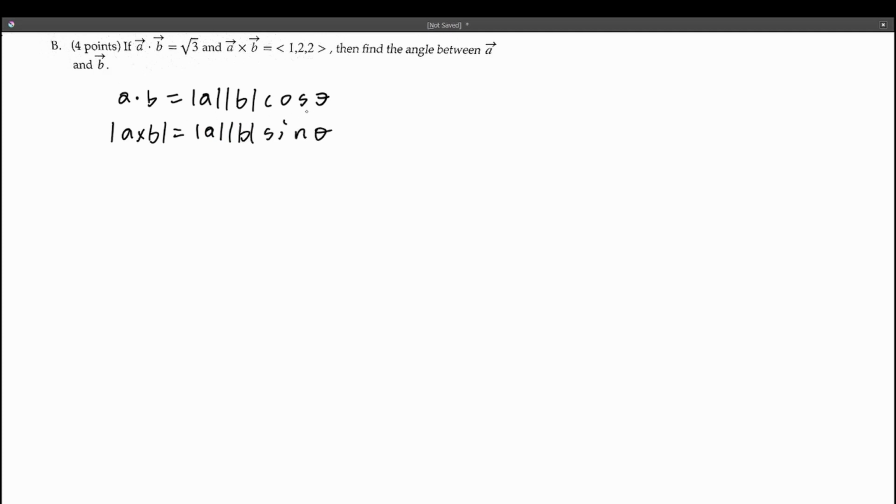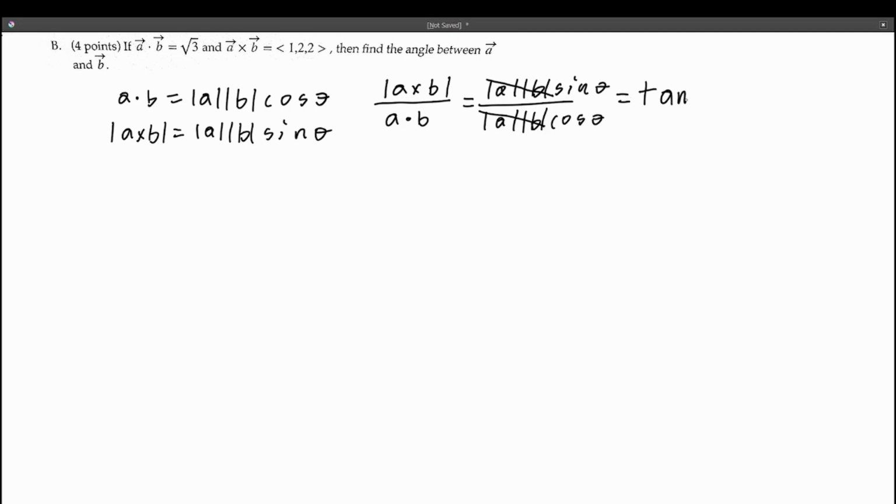So you may realize that the magnitude of the cross product of a and b over the dot product of a and b is equal to magnitude a, magnitude b sine theta over magnitude a, magnitude b cosine theta. Since these are on both sides, they cancel out. And sine of theta over cosine of theta is just tangent of theta. Write that down right there. And just like that, we have an easy way to solve for theta.